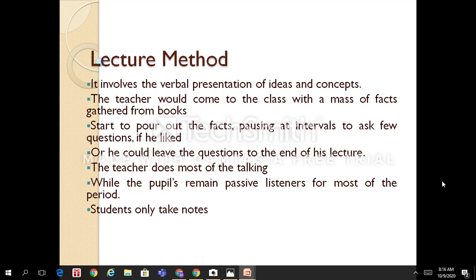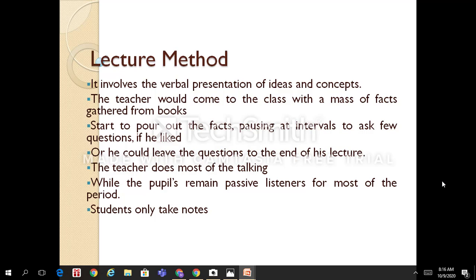Lecture method. This method involves presentation of ideas and concepts by the teacher. The teacher comes to the class full of concepts, full of facts, armed with so many things, and he starts the lesson by just telling you all he knows about a fact or some facts.